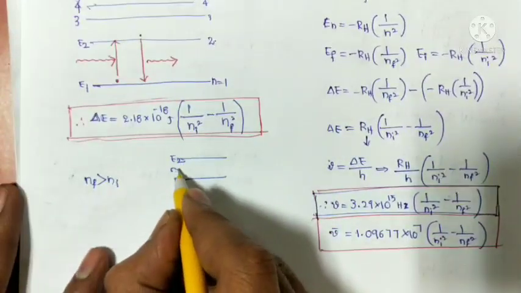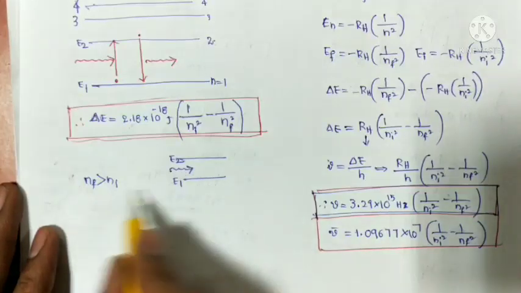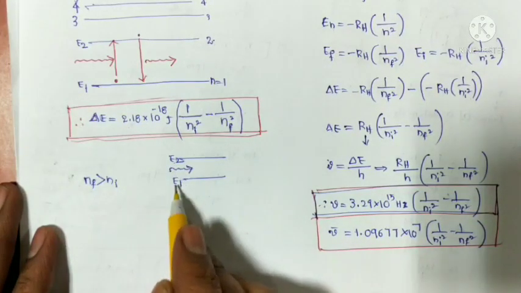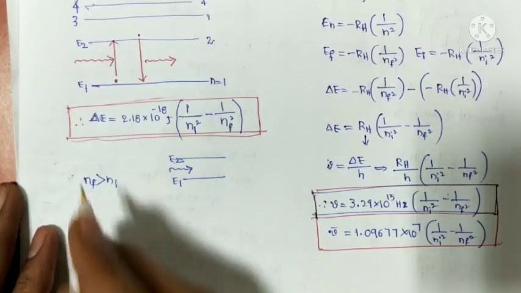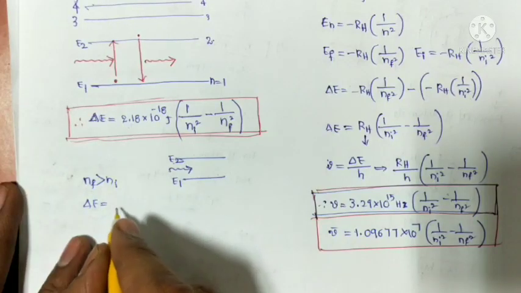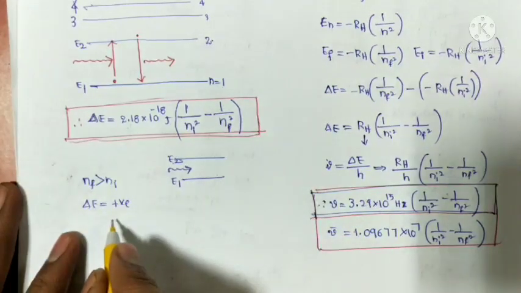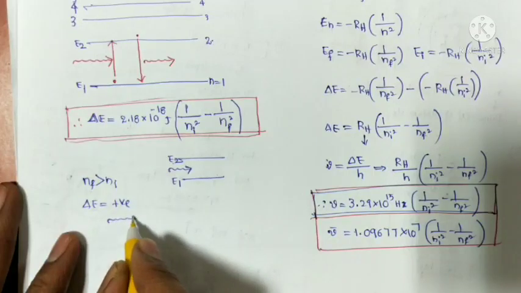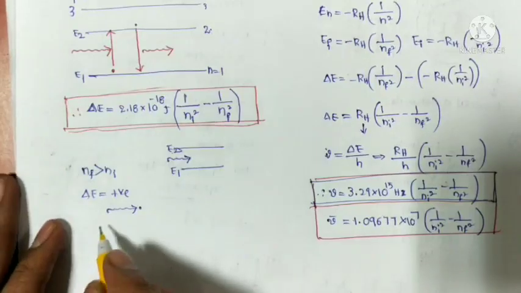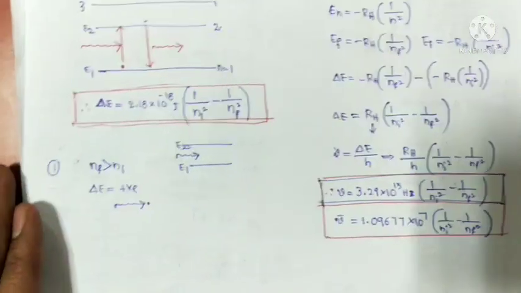In absorption spectrum, energy is absorbed, that is E2 is greater than E1. So in this situation, delta E is positive. Energy is absorbed.